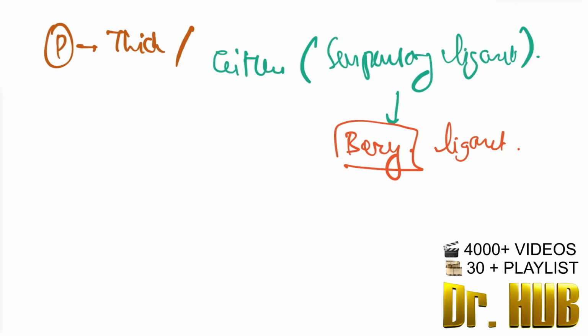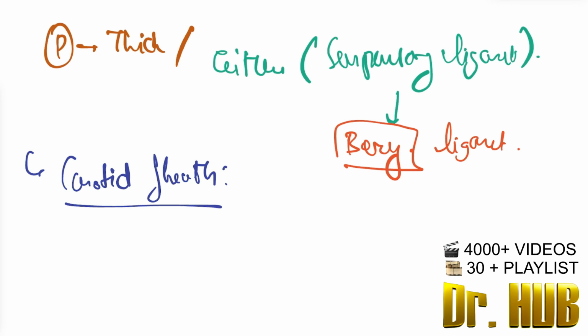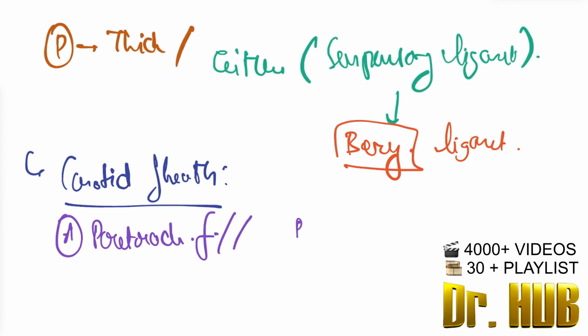Then we look at the carotid sheath. It is formed anteriorly by the pretracheal fascia, and posteriorly by the prevertebral fascia.